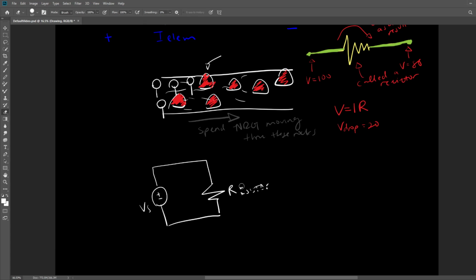Actually, not a resistor, just call it R. In this situation, if my current was moving in the direction of the arrow like this, these can be arbitrary. You could assign the arrows the other direction, but I don't want to. I'm going to do it this way. And following passive sign convention, my plus would go here, minus, and a plus, and a minus.